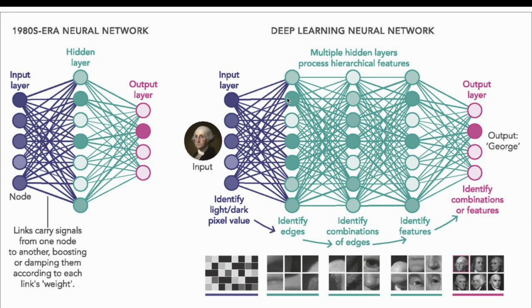This one has one hidden layer, this one has 1, 2, 3 hidden layers, and an input layer here. You can put the picture of the president here as the input, you pass it through, and the goal is to have this identified as George Washington. But that's the basic idea of it.